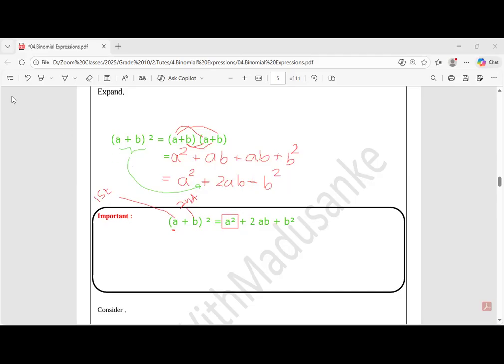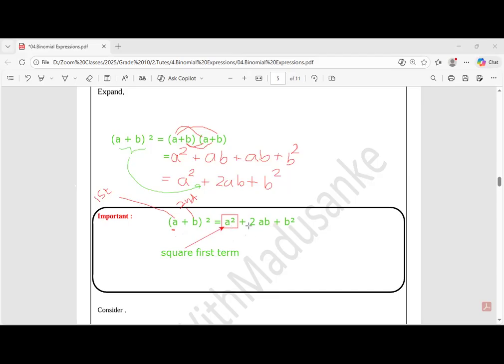You can directly remember this one. When you are getting this square of a binomial expression, you can take this first term, by getting the square of the first term. By getting the square of the first term, you can obtain this. First term is this. Second term is this.